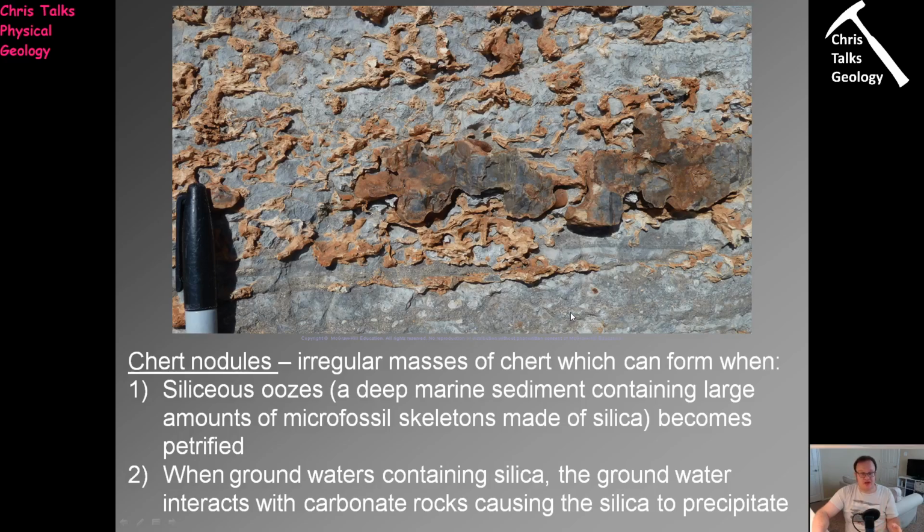There will be a chemical reaction, and that chemical reaction will cause the chert to be precipitated by the groundwater. And this is what you can see in this picture here. You can see all of these veins here. They represent where water has been moving through this limestone. And as the water's been moving through the limestone, it's been depositing the silica as it goes, which eventually forms the chert.